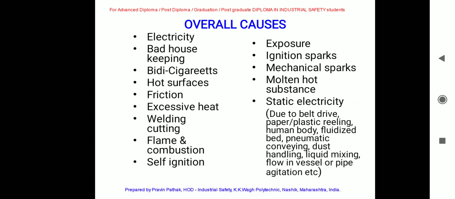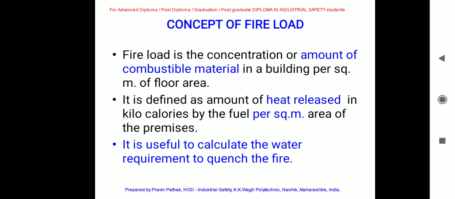Static electricity is one of the hidden causes. Static electricity may be due to belt drive, paper and plastic reeling, human body, fluidized bed, pneumatic conveying, dust handling, liquid mixing, flow in vessel or pipe, agitations.